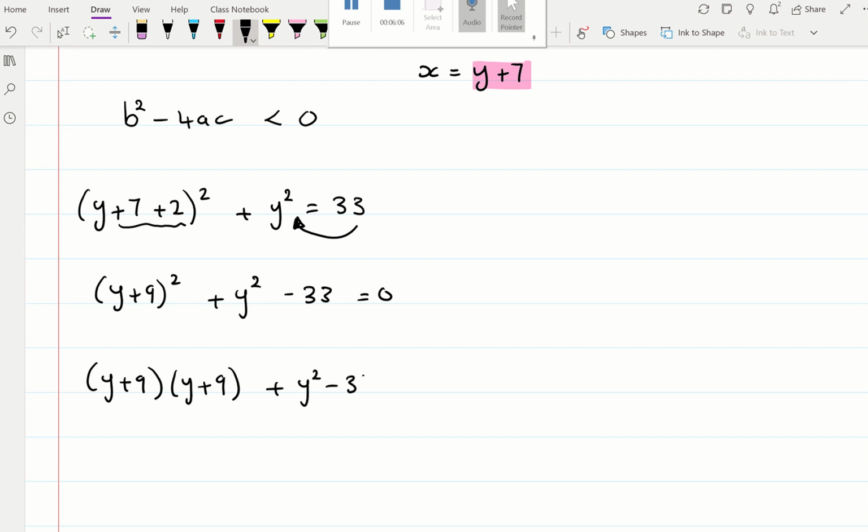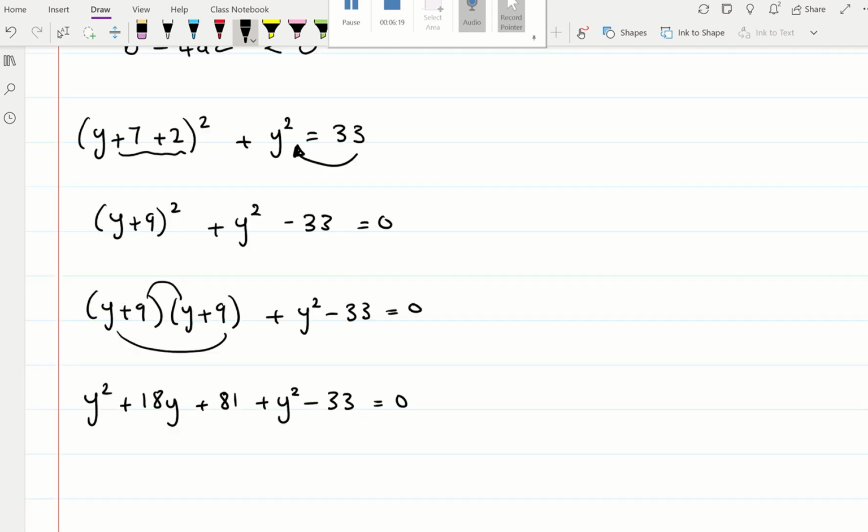Plus y squared minus 33 equals 0. So that's y squared plus 9y plus 9y is plus 18y plus 81 plus y squared minus 33 equals 0.